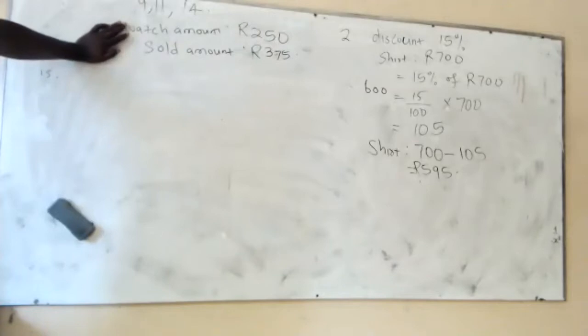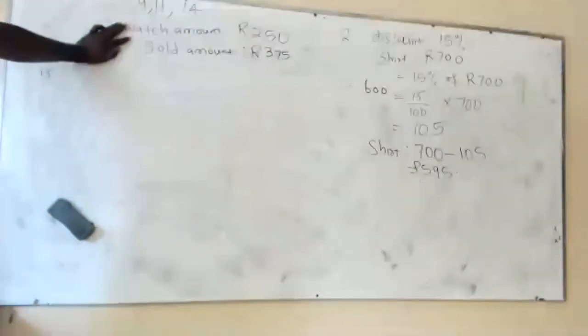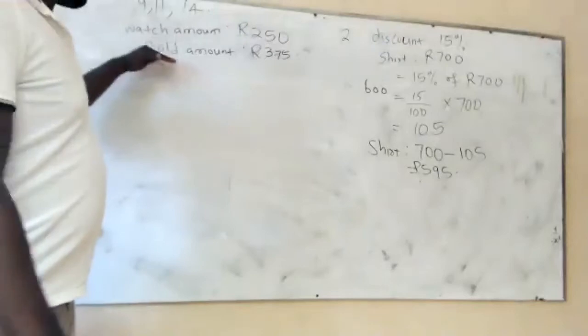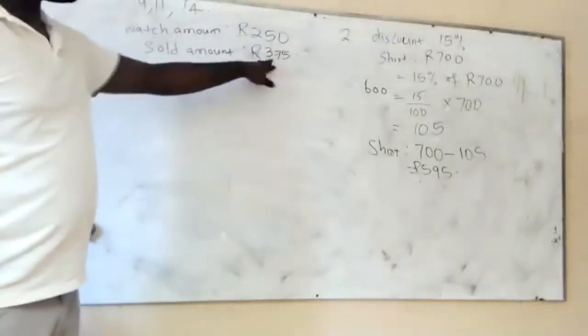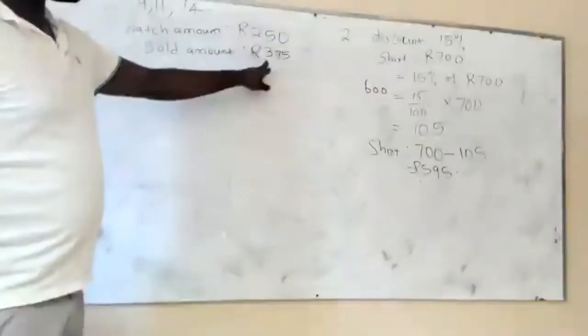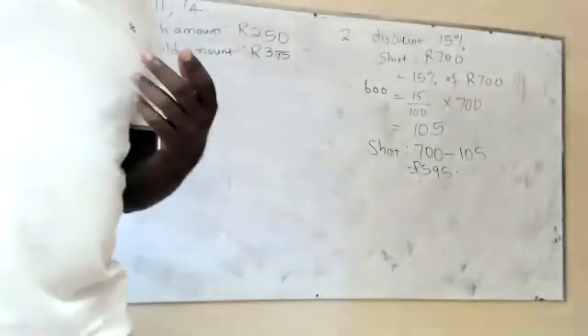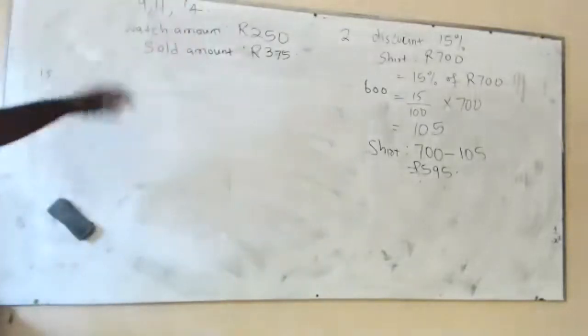How do you think we can get the profit of the sale from this? How can we calculate the profit if the watch is having an amount of 250 and this watch is sold for 375?